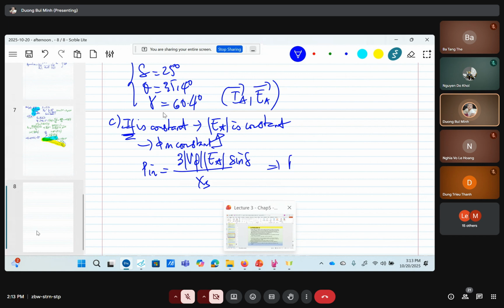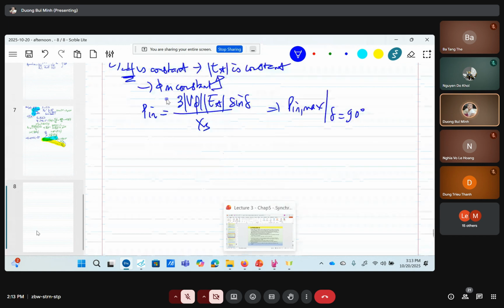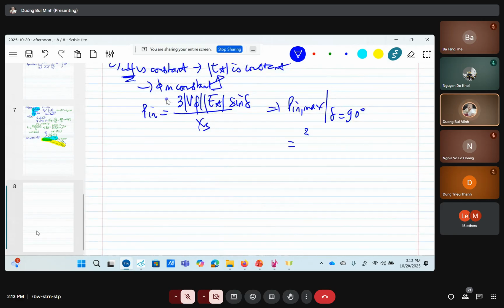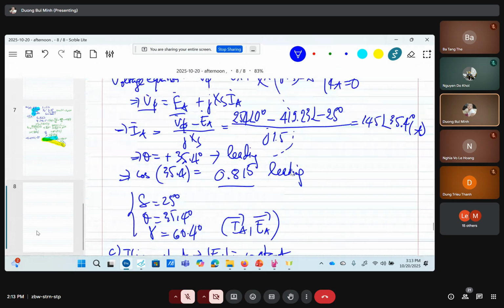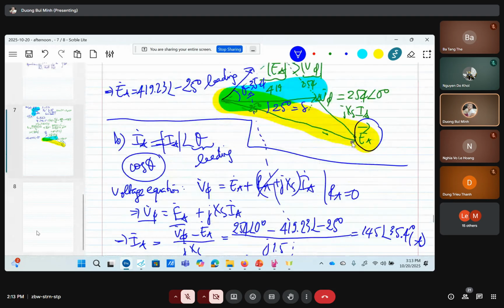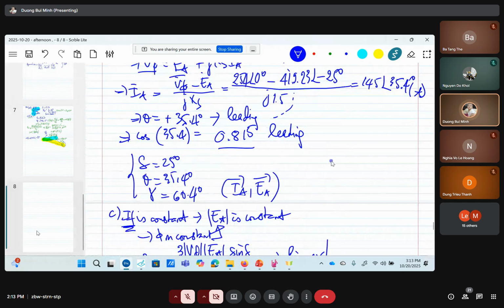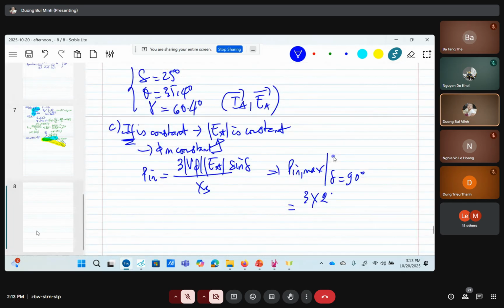So you get P in max if delta is 90 degrees.